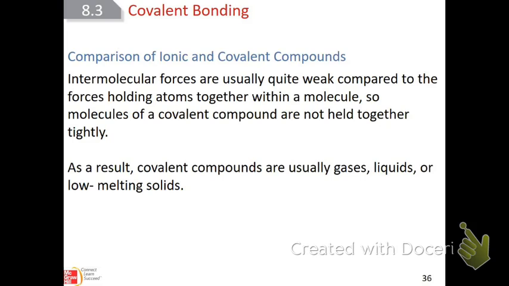And it gives you, I'll let you read on this, but molecules are just not as tightly held together as ionic compounds, and that's why ionic compounds have a much higher melting and boiling points than molecular compounds.